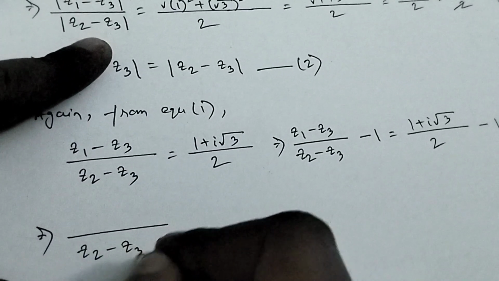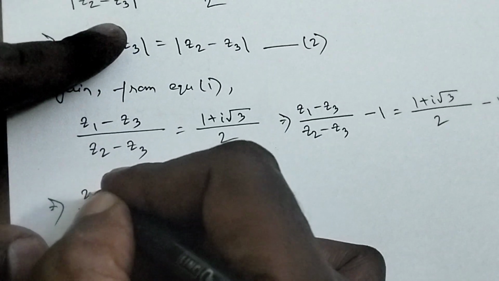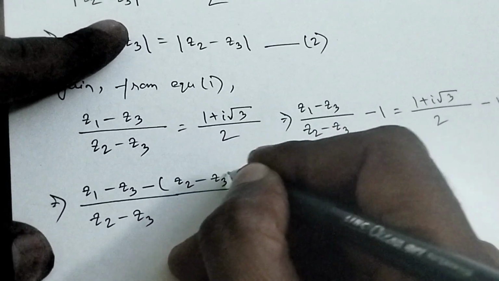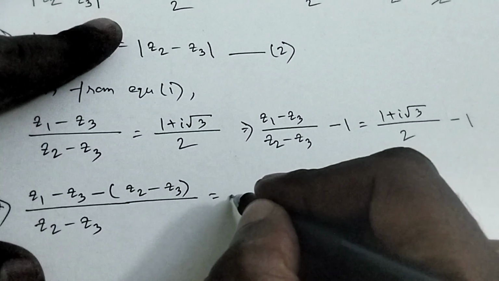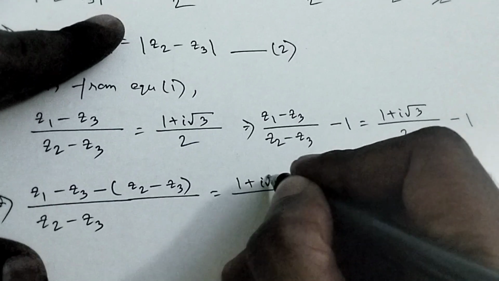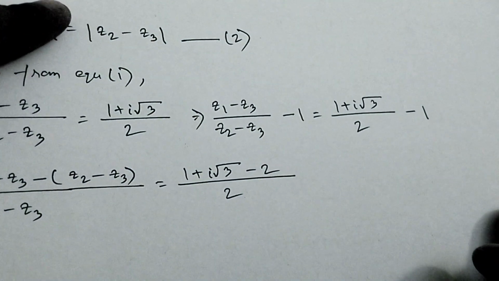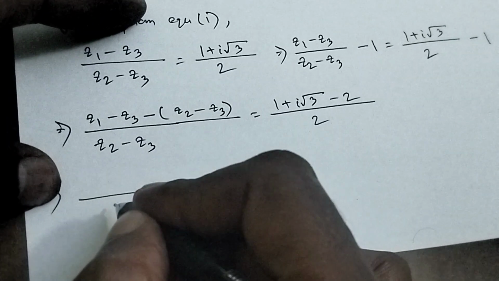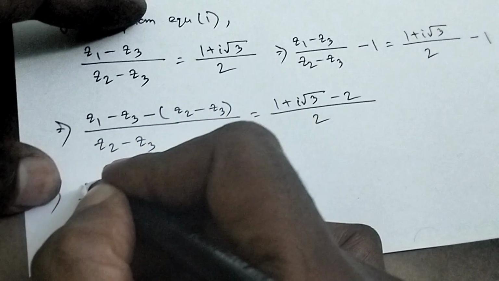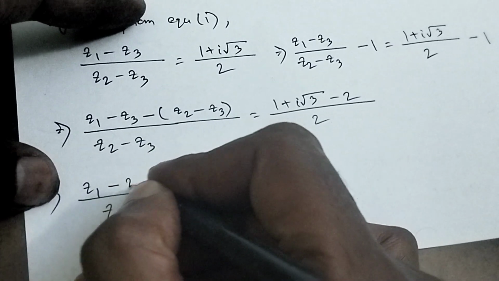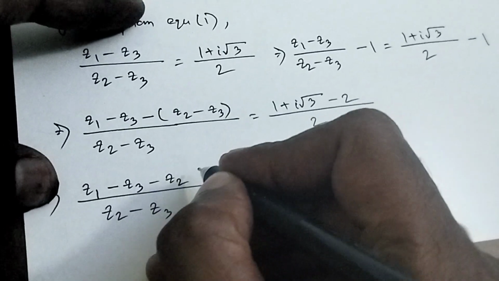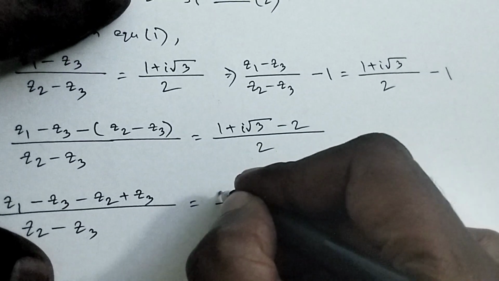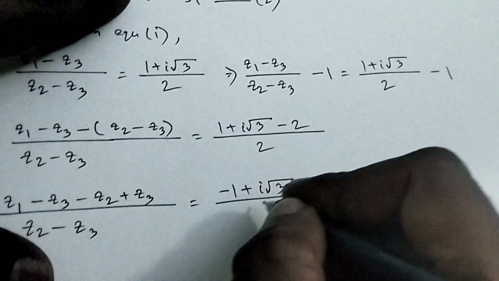The LCM will be z2 minus z3. So (z1 minus z3) minus (z2 minus z3) in the numerator, and in the denominator z2 minus z3, is equal to, with LCM 2, (1 plus iota root 3 minus 2) by 2. So z1 minus z3 minus z2 plus z3 on the left, and here 1 minus 2 is minus 1, so (minus 1 plus iota root 3) by 2.